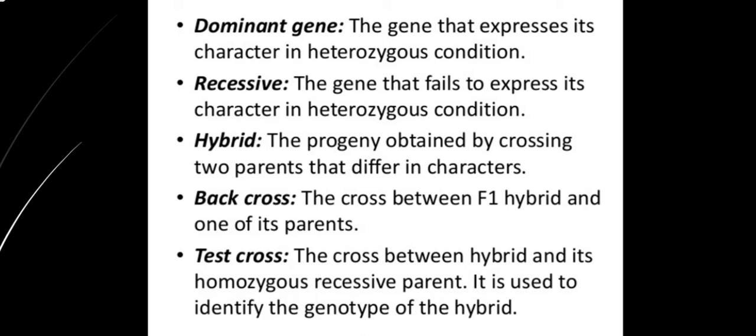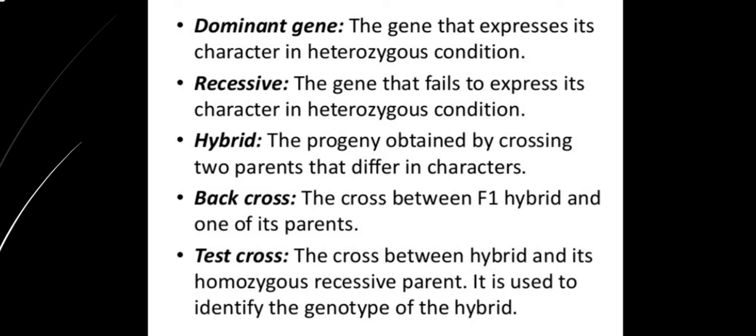So when it is capital T and small t, the character which is expressed is capital T, and that particular plant becomes tall. So T stands for tall. So that gene which expresses in a heterozygous condition is said to be a dominant gene, and the other gene which is hidden or which is not getting expressed in the presence of a dominant gene is called a recessive gene. And the progeny obtained by crossing two parents which differ in characters is called a hybrid. So hybrid has a mixing up of both the parental characters.